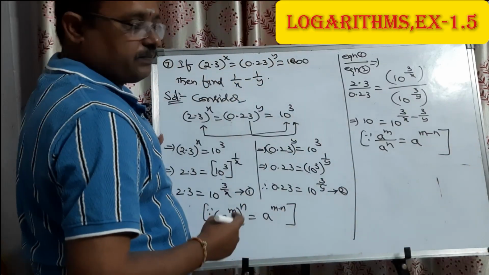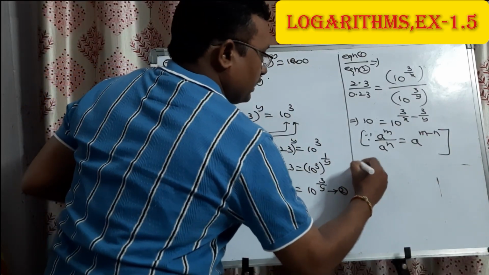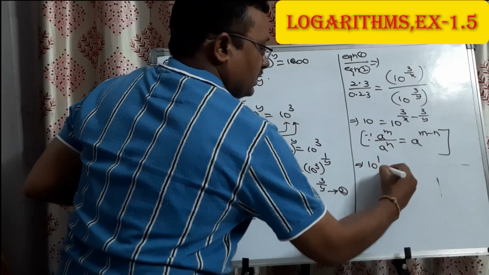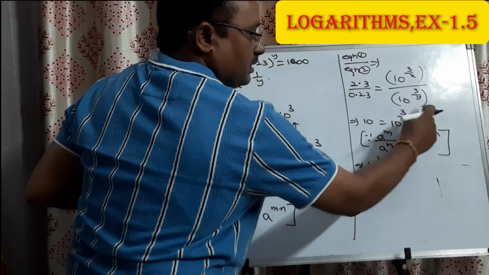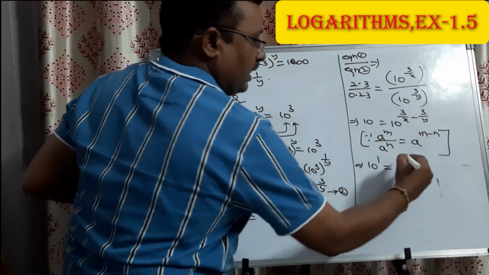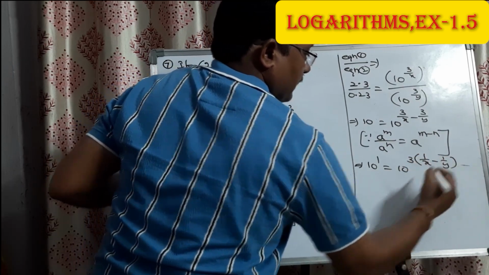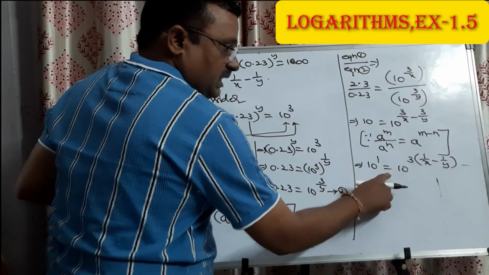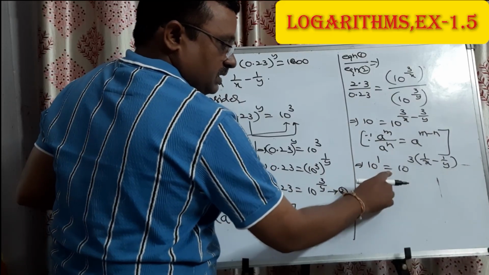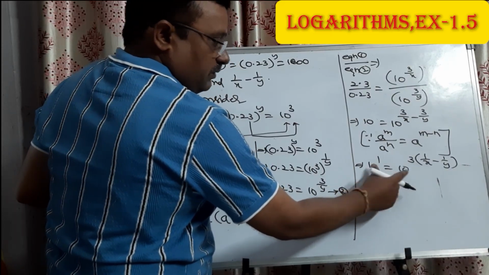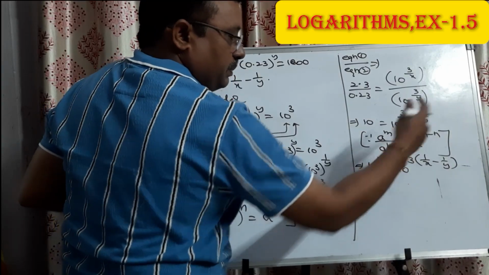Are you hearing me? Now this implies 10 power 1 is equal to 10 power, from these values you can take 3 common, 1 by x minus 1 by y. In the equation of exponents, if bases are equal, respective powers are also equal.